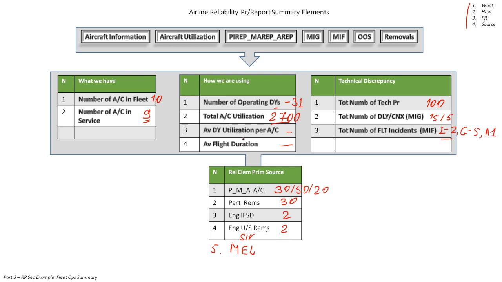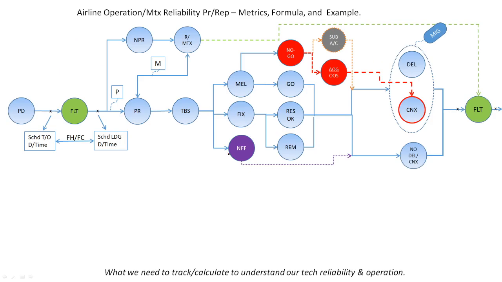Again, this is the very minimum information. Please, please, please, we need to check experience, and definitely check our local aviation authorities' requirements. Now let's move to the next slide and discuss metrics, formulas, and examples that we are going to use in our reliability program.